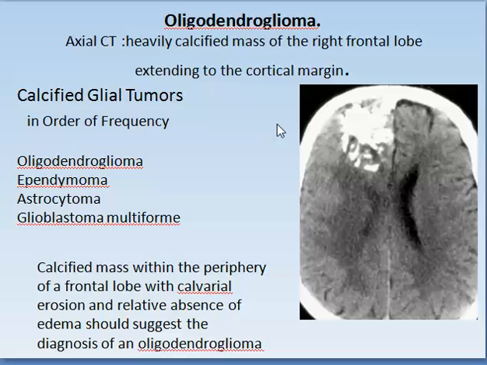So oligodendroglioma is essentially a calcific mass with minimal or no edema. Calcific mass with minimal mass effect, calcific mass with mass effect with minimal or no edema.